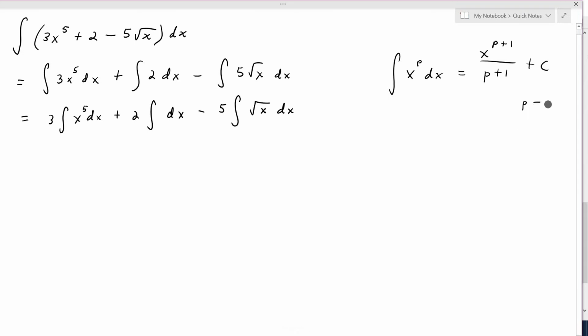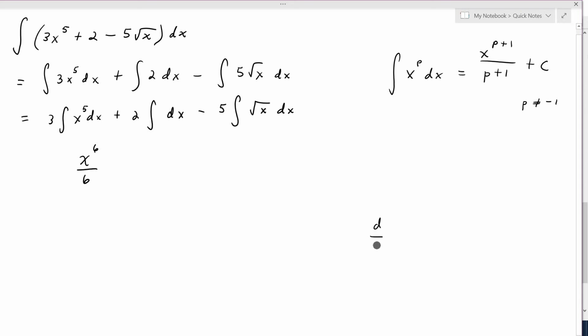Again, as long as p is not equal to -1. Okay, so in this case, p is 5, right? So we can add 1 to the exponent, and that gives us x to the 6th power, and then we divide by the 6. And so that's the antiderivative of x to the 5th power.